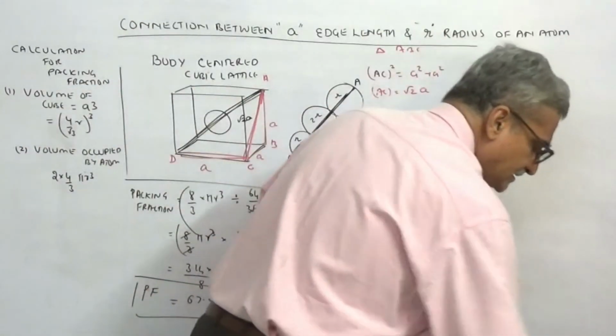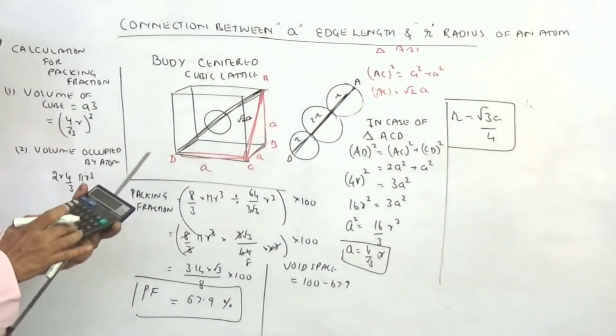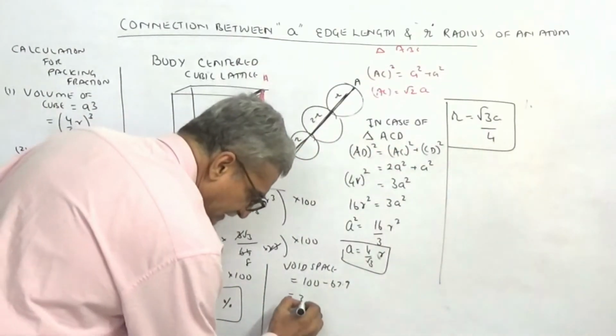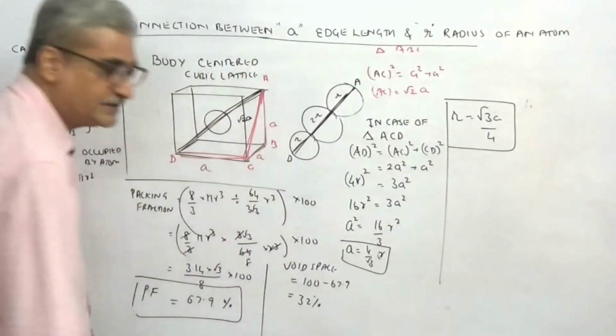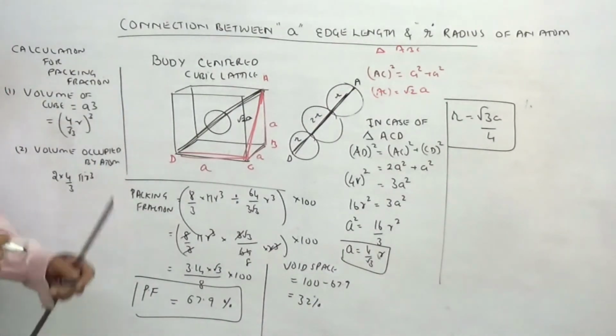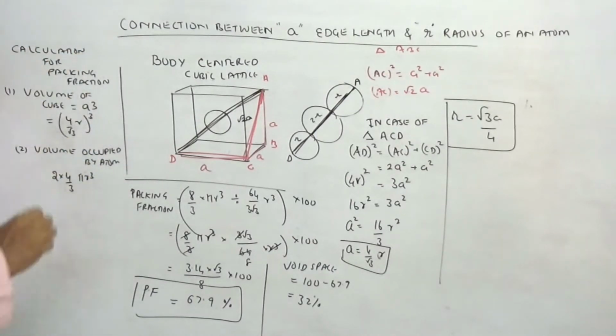It is 32%. So you can see void space has become less. So this was the calculation for edge length, packing fraction and void space.